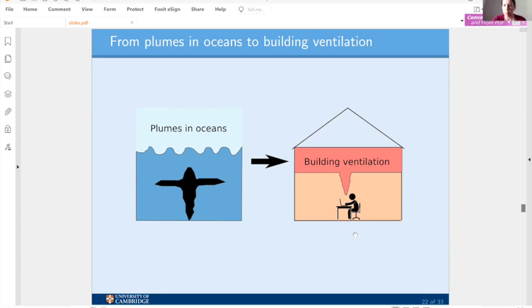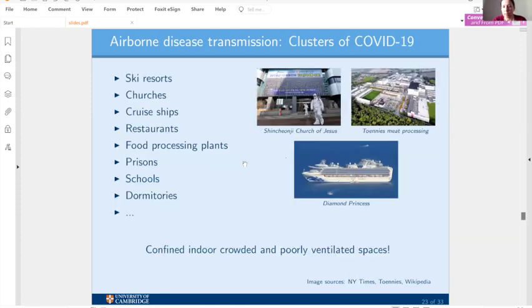Now, I think we all became acutely aware of the importance of a good building ventilation after the coronavirus pandemic started some 3 years ago. And you may remember that the first clusters of the coronavirus pandemic were mostly associated with very crowded and poorly ventilated indoor spaces, such as churches, cruise ships, restaurants, some food processing plants, and also prisons and schools.